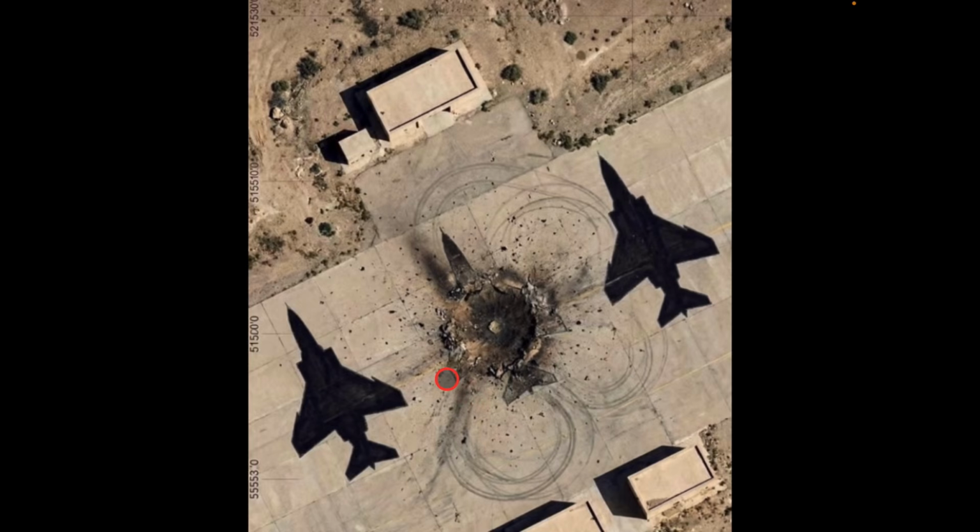Lots of the bombs that are being dropped over in the Middle East are landing on silhouettes, yeah? Painted silhouettes of fighter jets, helicopters, tanks, and so on, right?